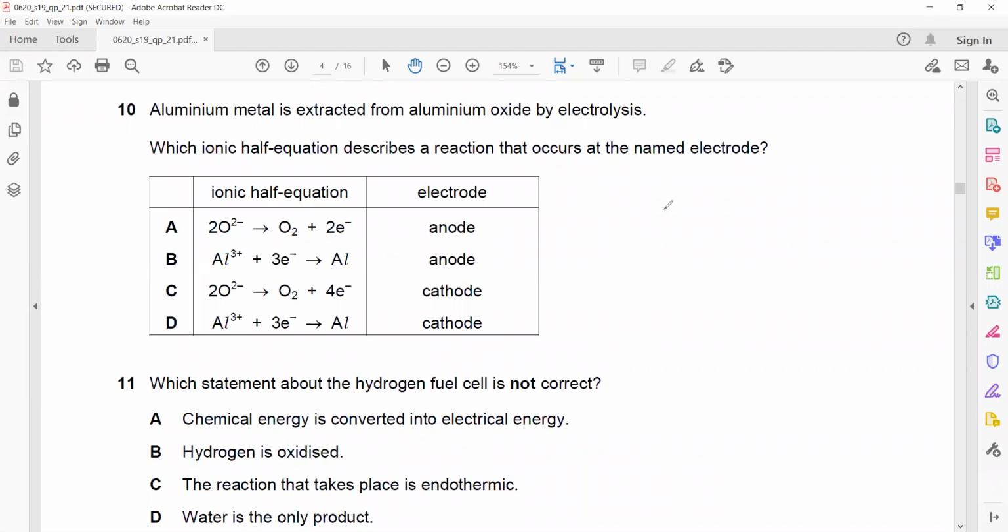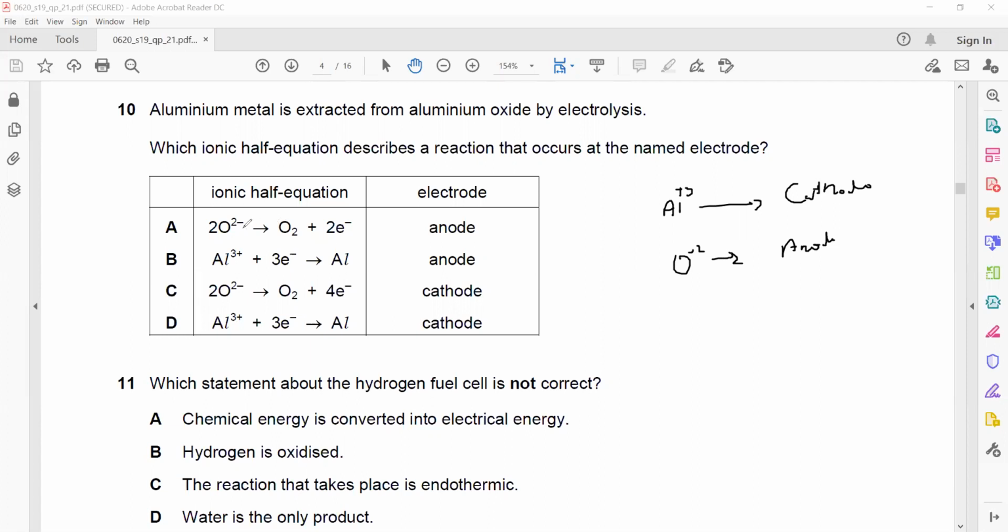So when you have aluminium oxide, aluminium ions which have a plus 3 charge in the electrolyte are attracted towards the opposite terminal, which is the cathode, the negative terminal, and oxide ions are attracted towards the anode and result in the formation of oxygen gas.